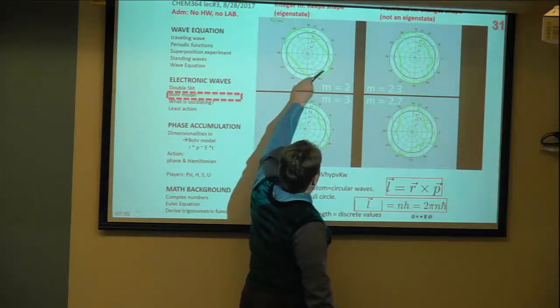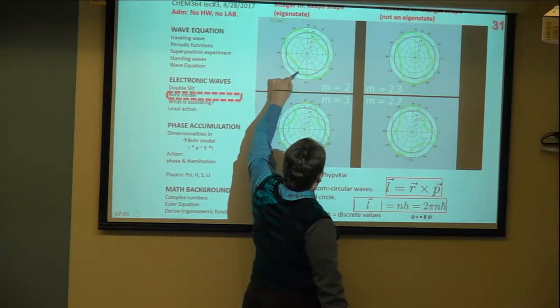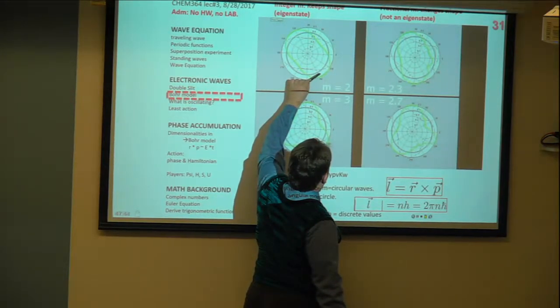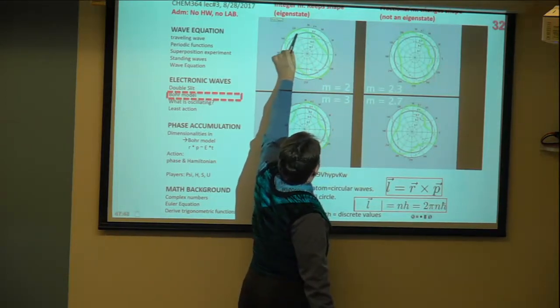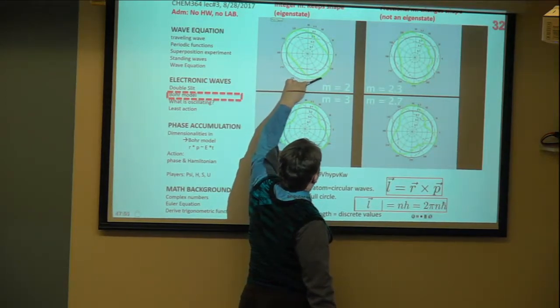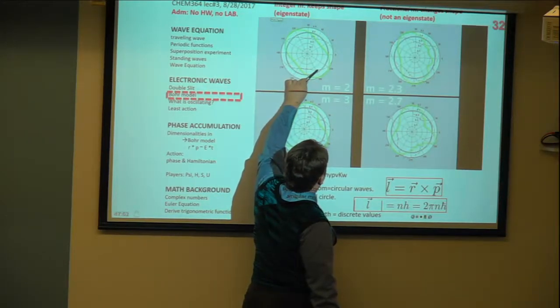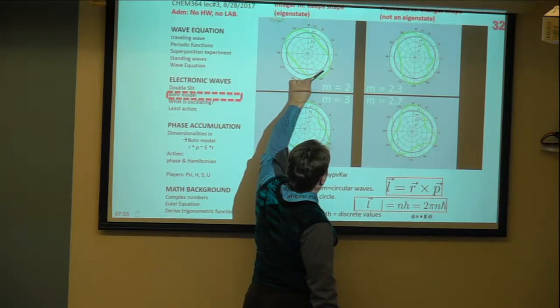So here the angle phi is going along the circle, and this double line is 0. The green and dashed lines are real and imaginary parts of the wave function.